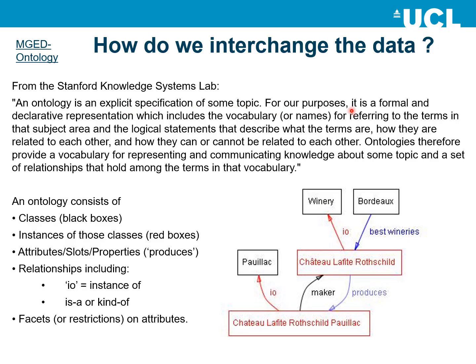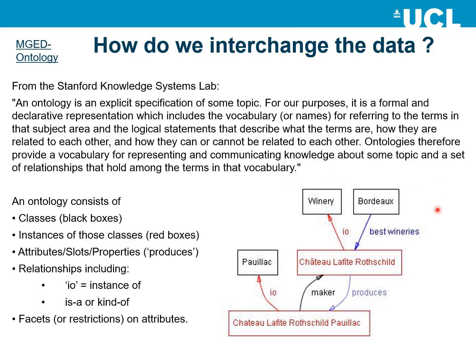For our purposes, it is a formal and declarative representation which includes vocabulary or names for referring to the terms in the subject area, and logical statements that describe what the terms are, how they are related to each other, and how they can or cannot be related to each other. Ontologies therefore provide a vocabulary for describing and communicating knowledge about some topic and a set of relationships that hold among the terms in that vocabulary.